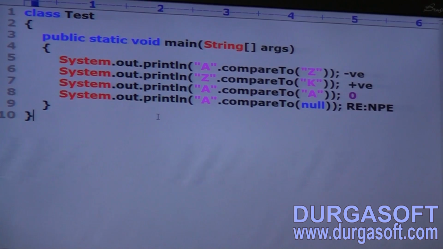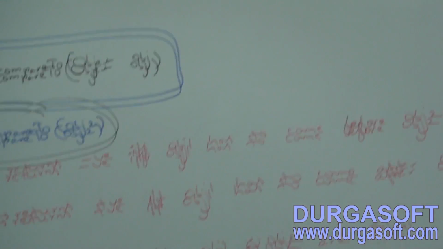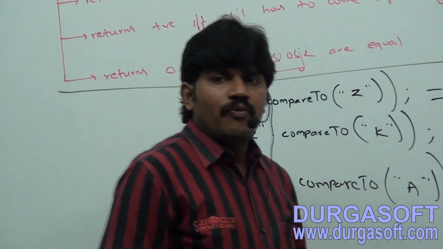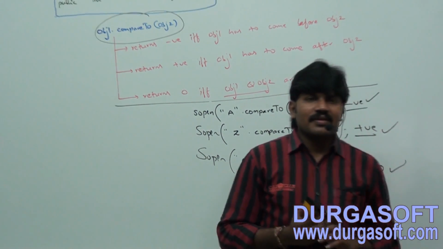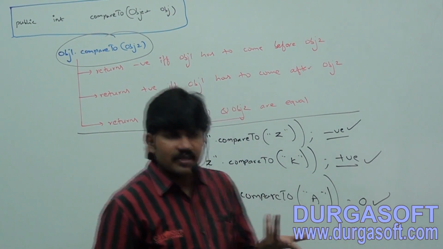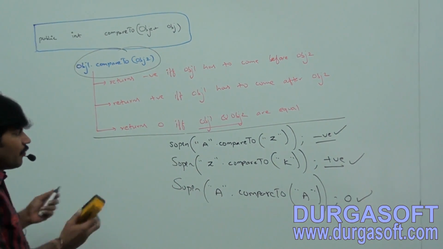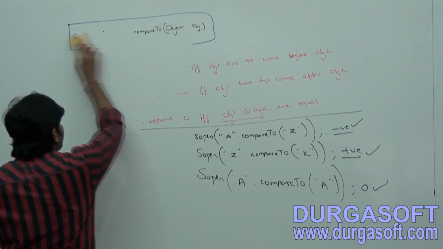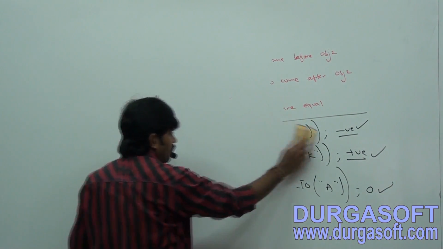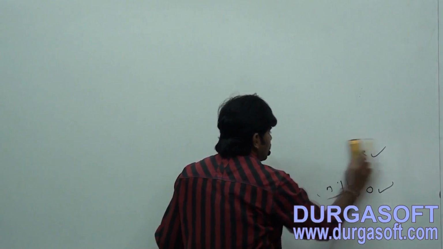Okay, now just observe. You may have a big doubt, sir: what is the relation between the CompareTo method and TreeSet? Internally, how is this happening? What is the link between TreeSet and CompareTo or Comparable? Now listen to this point well. Observe very carefully.